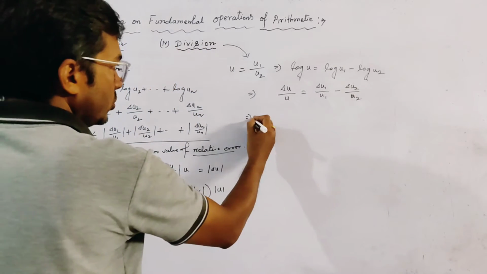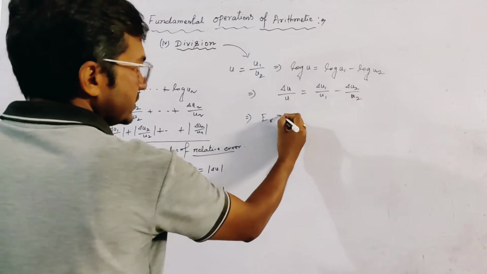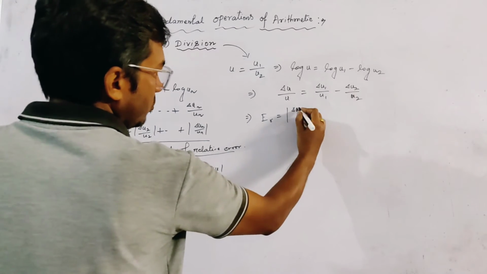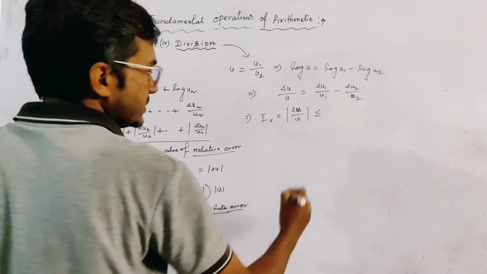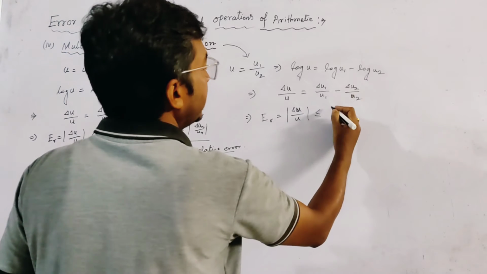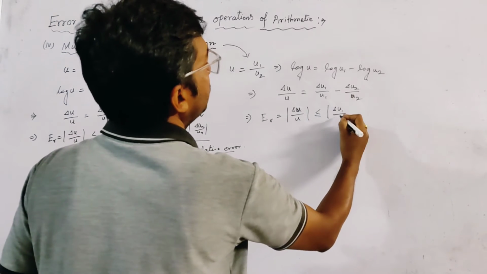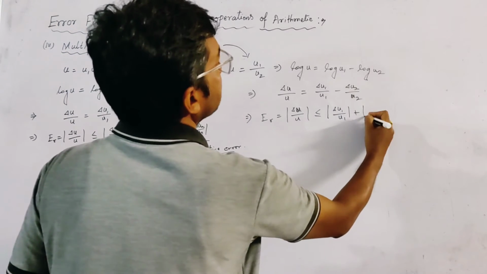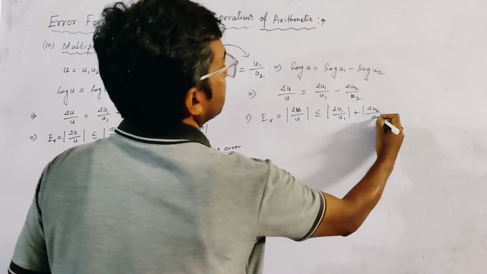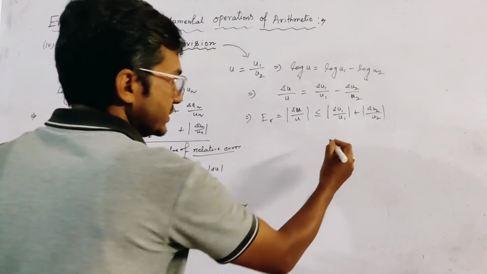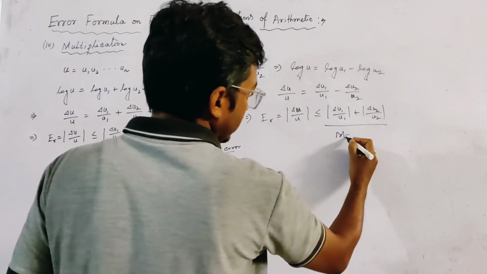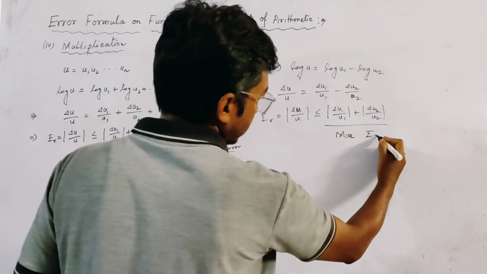So the maximum value of relative error is mod of delta u1 by u1 + mod of delta u2 by u2.